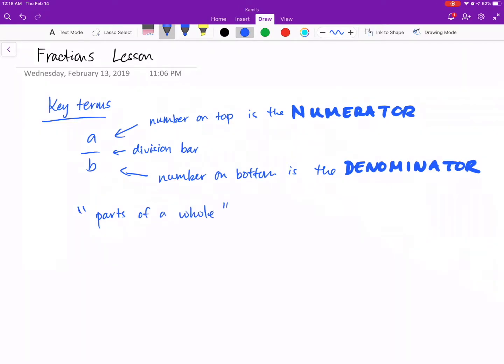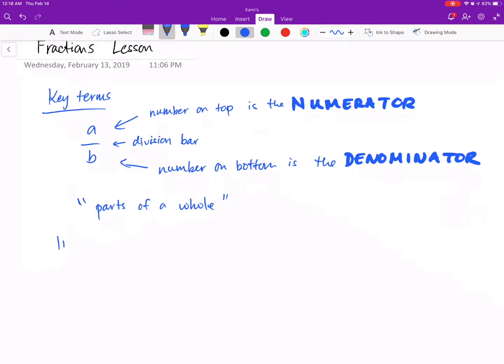But that's not always the case, because we have something called an improper fraction, and that is when the numerator is greater, so greater sign, than the denominator.